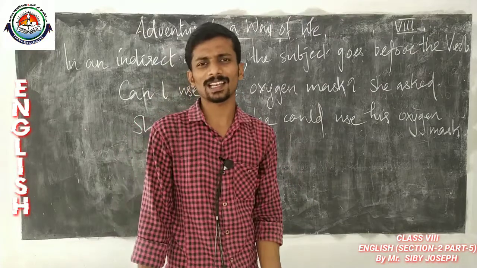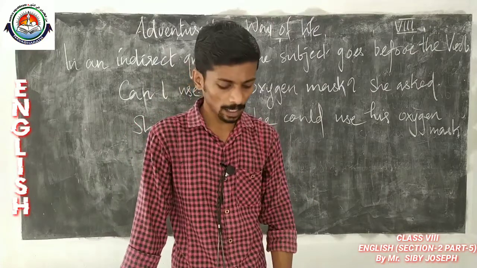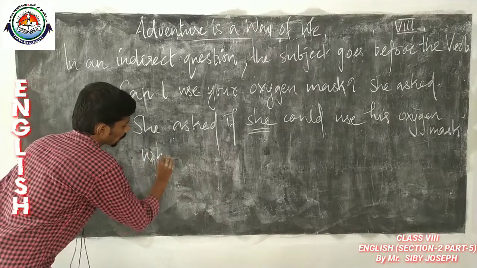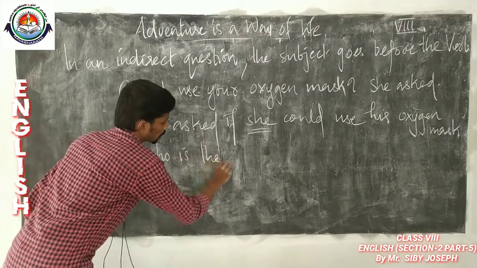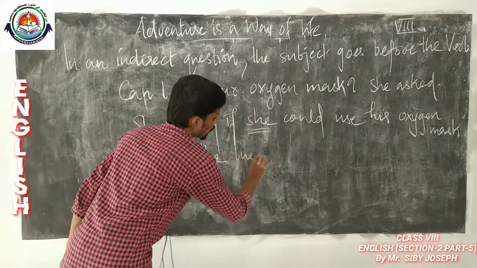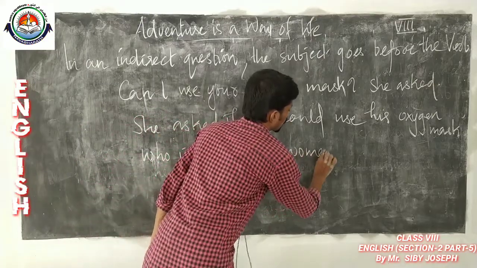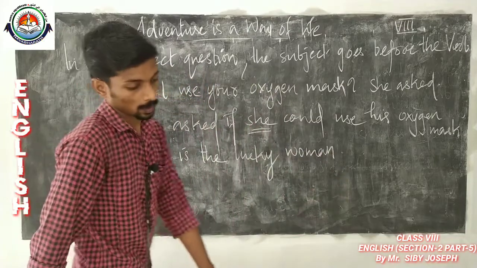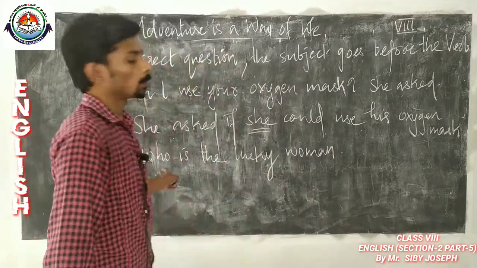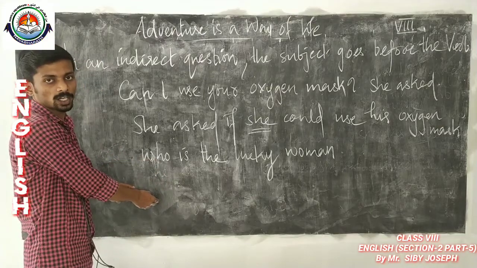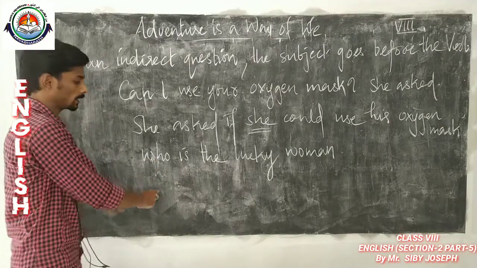So it can be better explained with another example. Look at this example. "Who is the lucky woman?" So when this sentence is changed into reported speech, how will the sentence be?